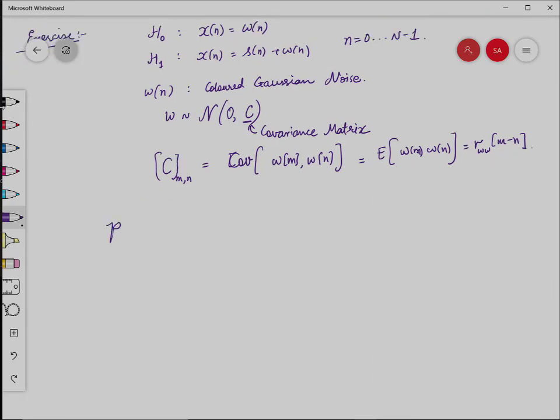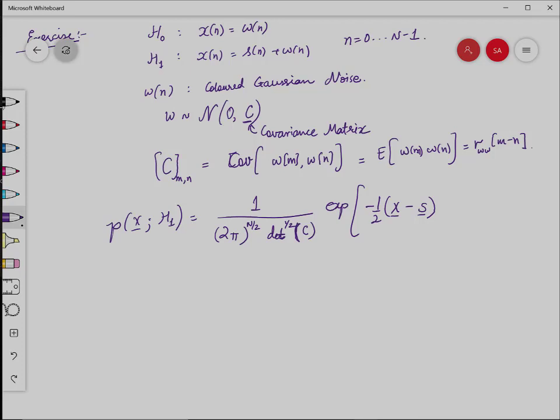And a hint I am giving you, the likelihood function in this case is given by this formula: 1 over 2 pi power n by 2, determinant of C power half, where C is the covariance matrix, exponential of minus half, x vector minus s vector transpose C inverse x vector minus s vector.